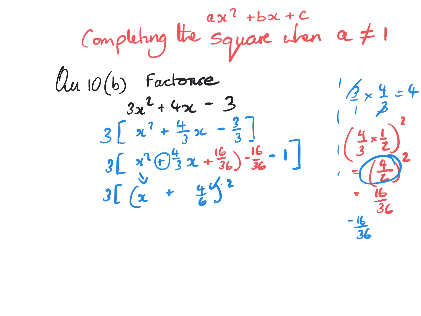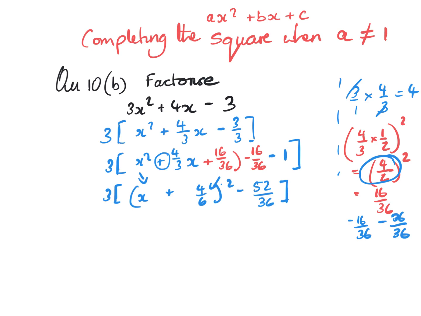And 1 is minus 16 on, sorry, we'll take that back. That's minus 36 on 36. Need to get a common denominator there. So minus 16 minus 36 is minus 52 on 36. Again, all of that is inside the 3.